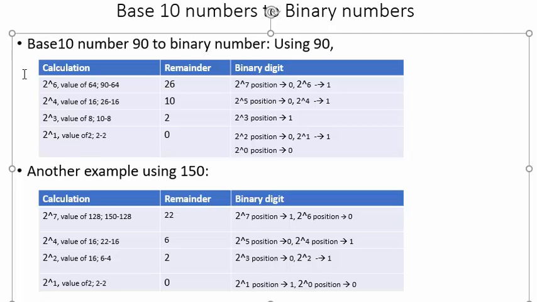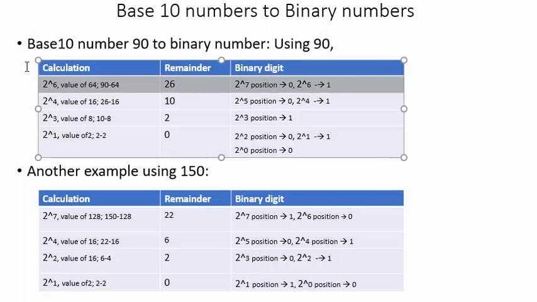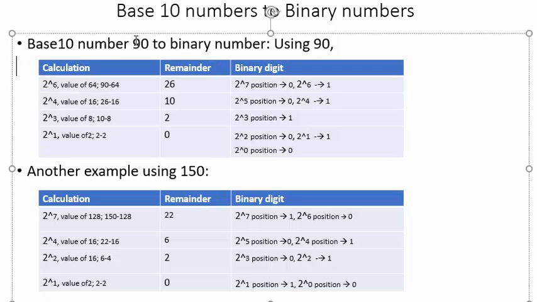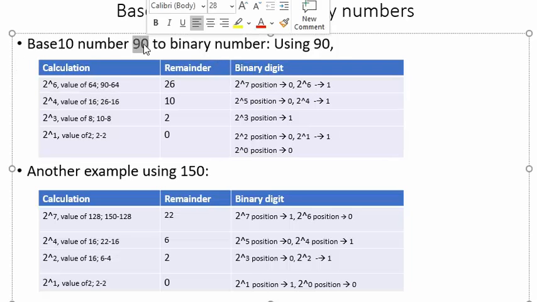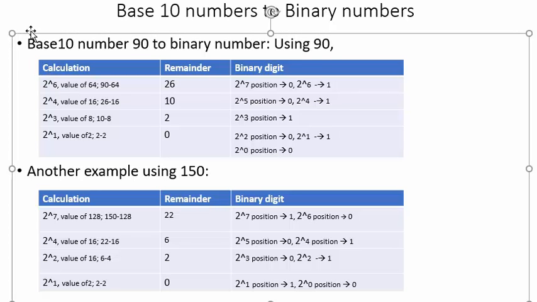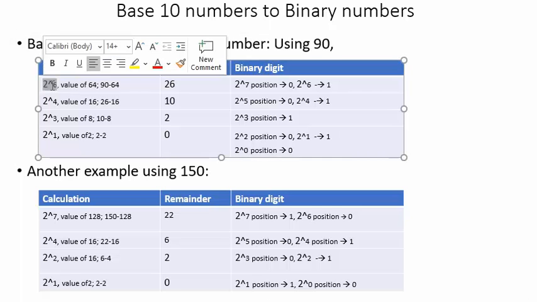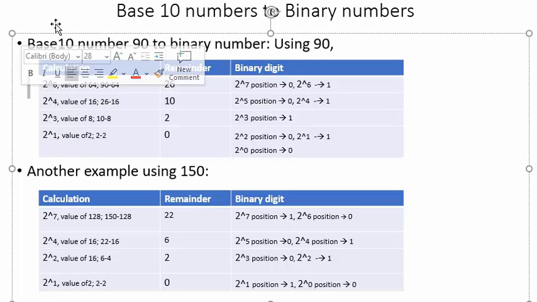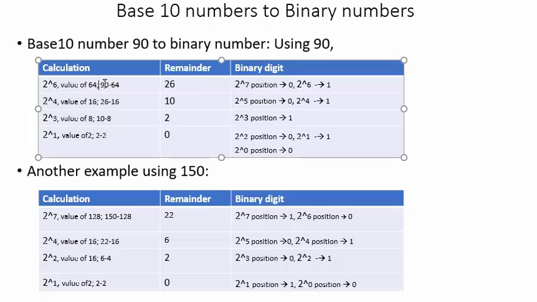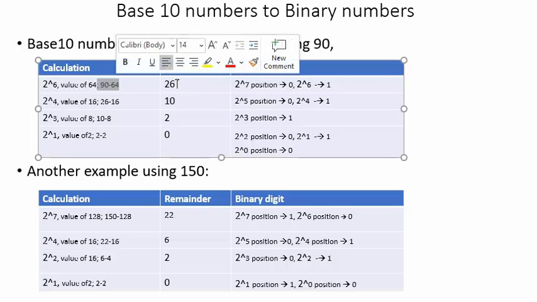You line up 2 to the 7 to 2 to the 0, then you take whatever number you're trying to convert and look at the largest number without going over 90. So 2 to the 7, which is 128, is bigger than 90, so it doesn't go into 90. But 64, which is 2 to the 6, can go into 90. So you take 90 minus 64, then it'll give you 26.